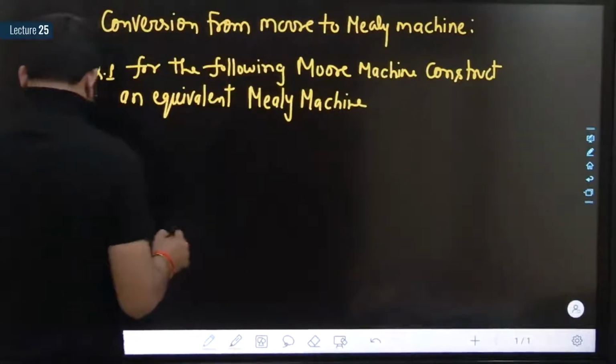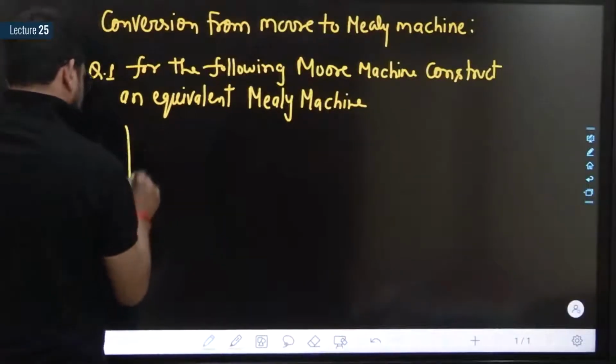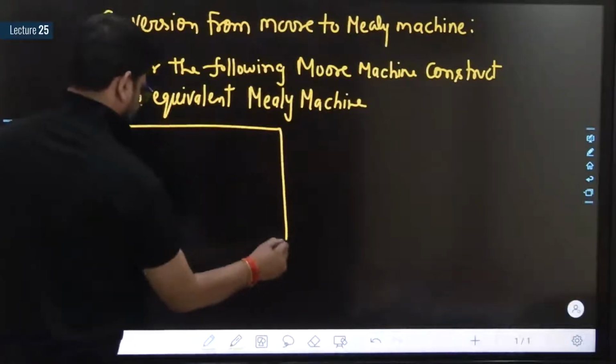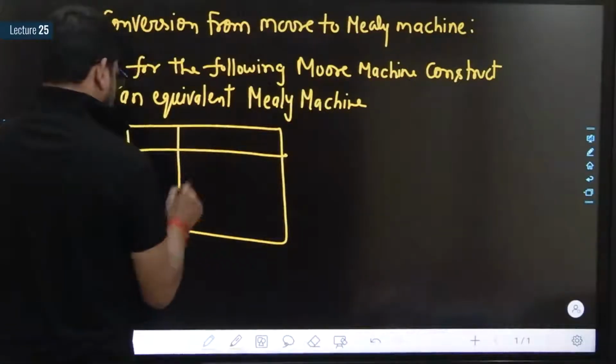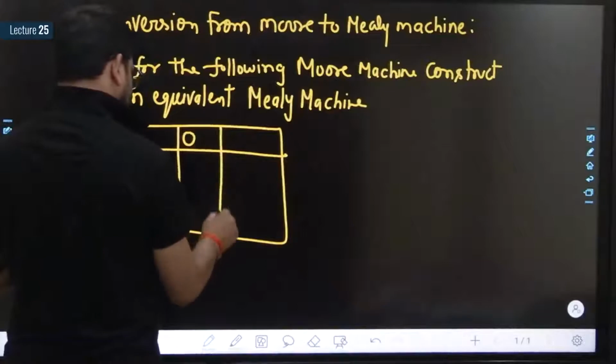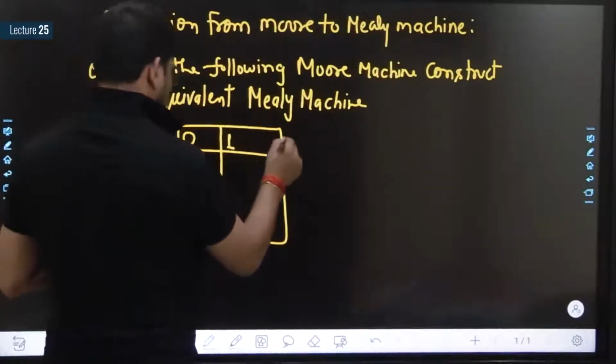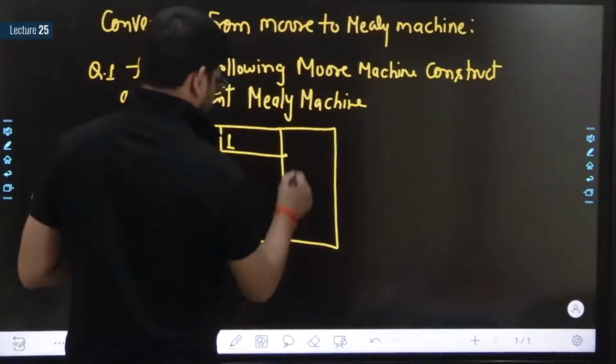What is the Moore machine? Input alphabet 0, 1 and output.